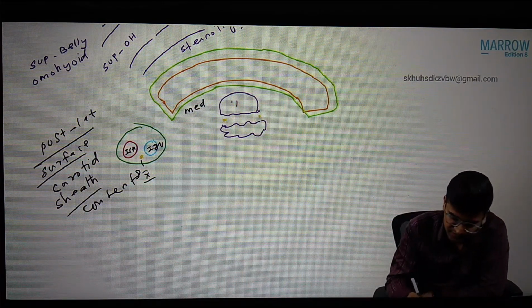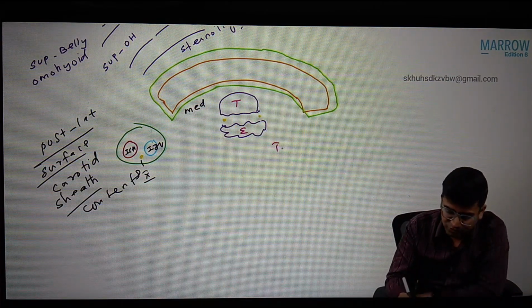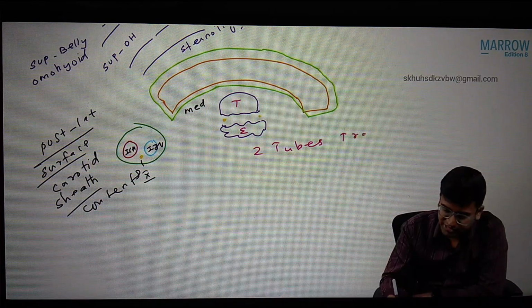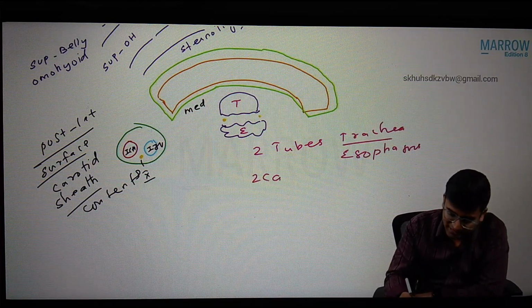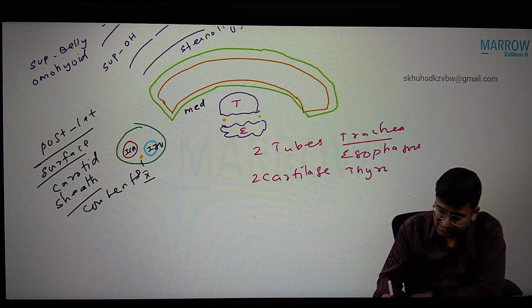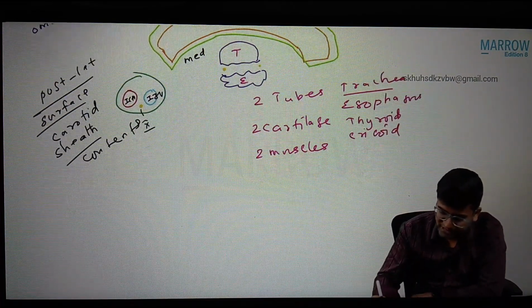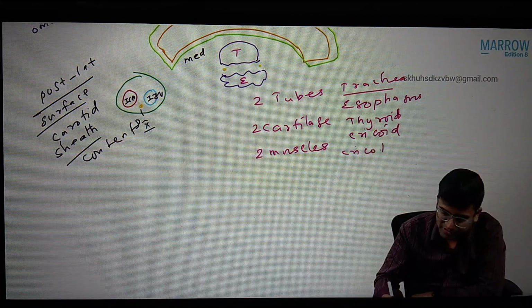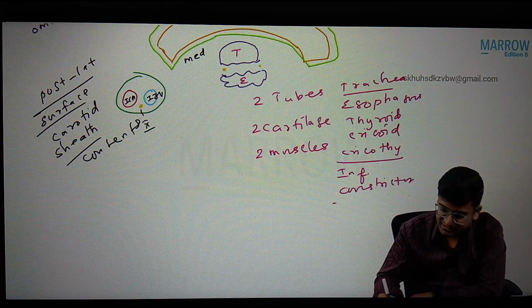We have two cartilages, thyroid and cricoid, and two muscles, the inferior constrictor muscle of the pharynx and the cricothyroid muscle.